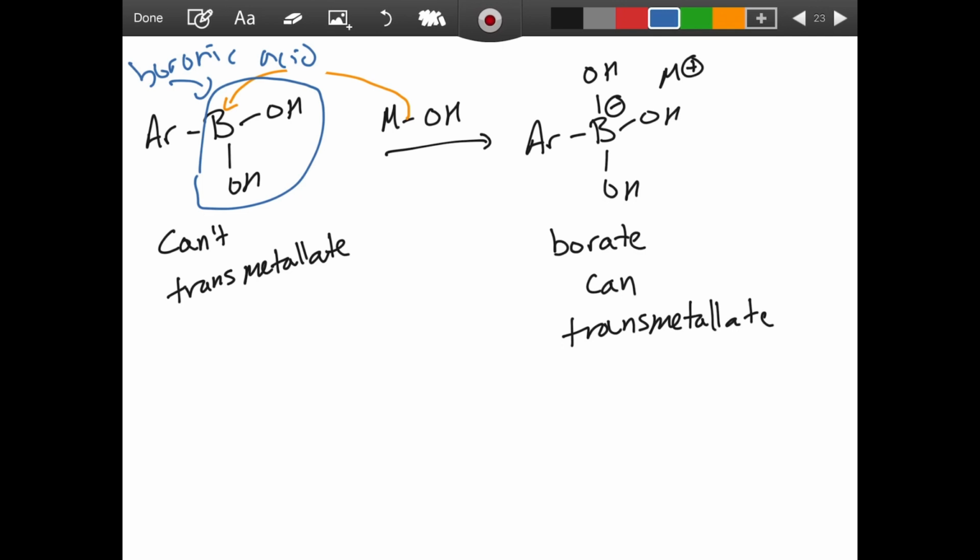But when you have the borate, it can transmetallate. So at this point, now you've got your palladium, right? Now it'll do the transmetallation.